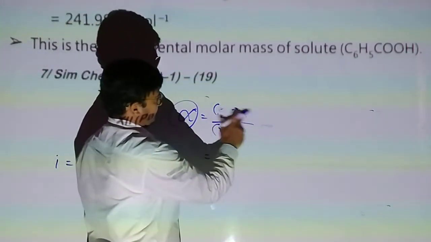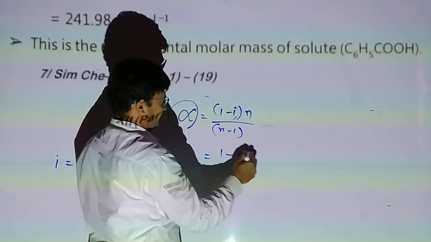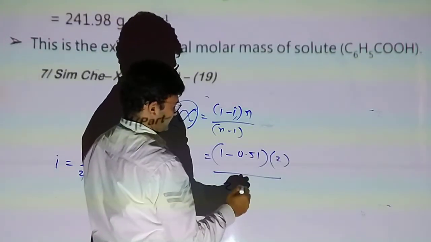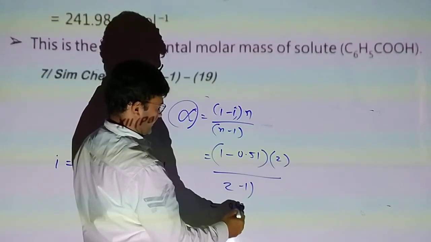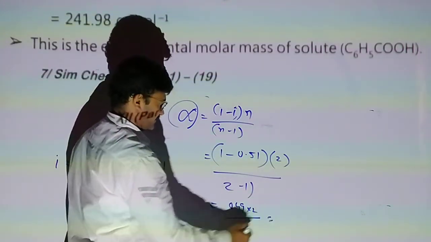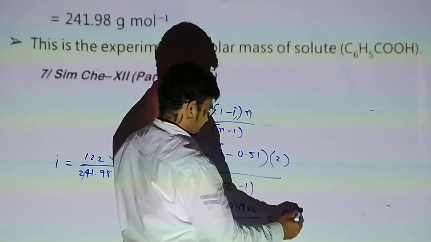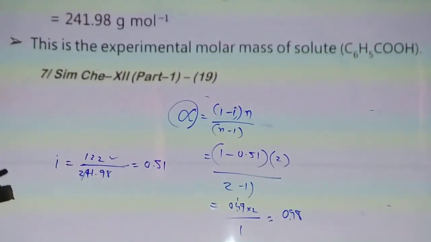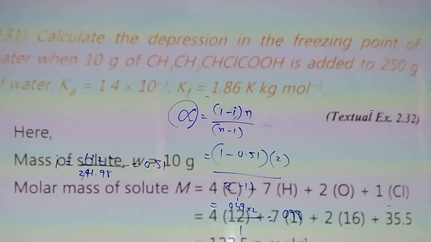Alpha means dissociation or association constant. So 1 minus i, 0.51, into n upon n minus 1. For dimerization, n will be 2. 2 minus 1 means 1. So here 0.49 multiplied by 2, so it will be 0.98. And when we multiply by 100, it will be 98%. Yes.